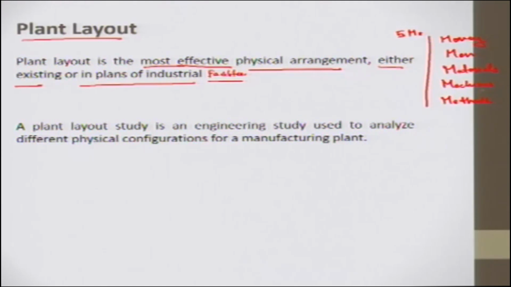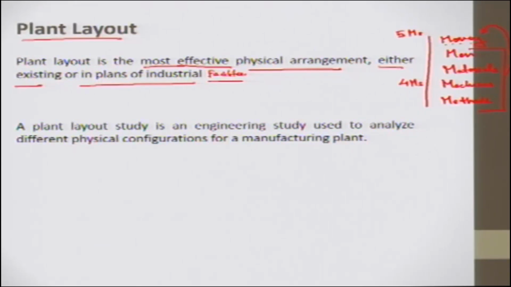So the plant layout is an arrangement of machines or the processing equipments and service departments to achieve the greatest coordination between these 4 M's, so as we could have lesser investment, lesser money is used here. So these 4 M's are more of focus in plant layout study.